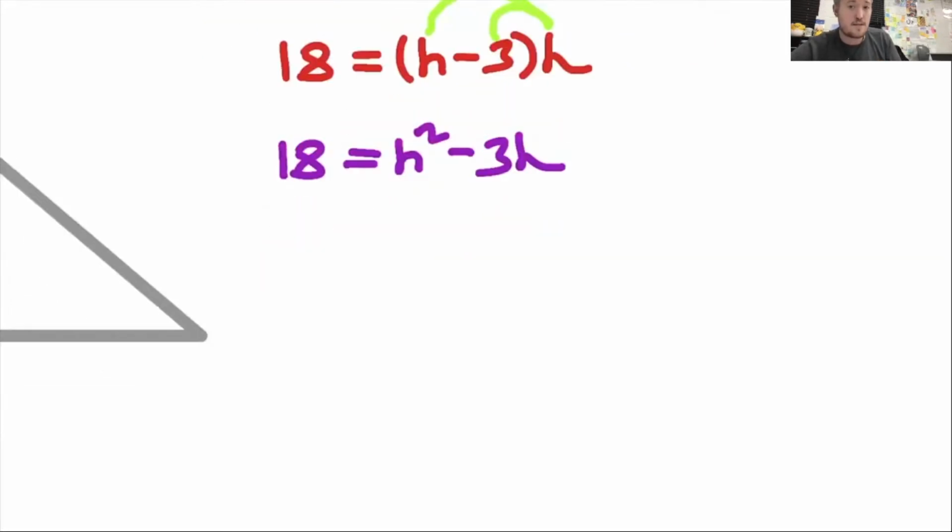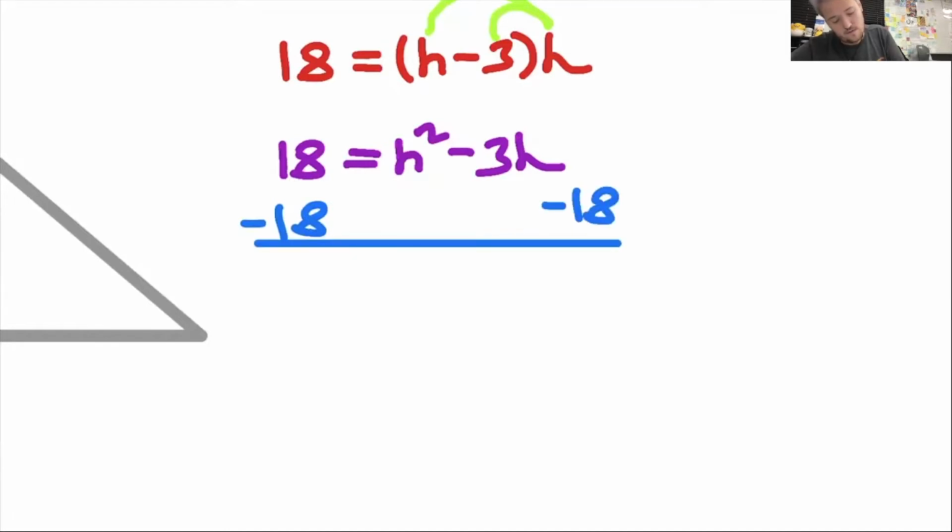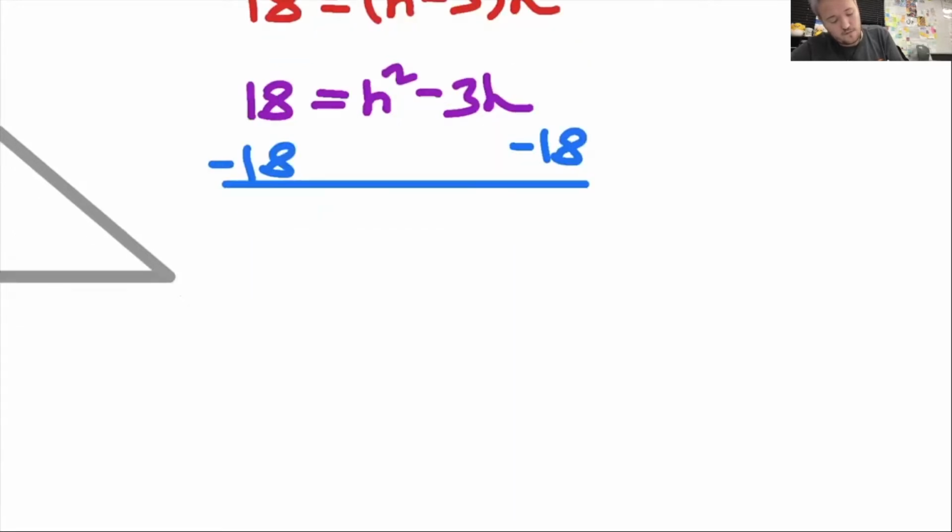Now to put it in standard form, I want to get rid of that 18. In order to get rid of it, I'm going to subtract it on both sides. So I'm going to have h squared minus 3h minus 18 equals 0.